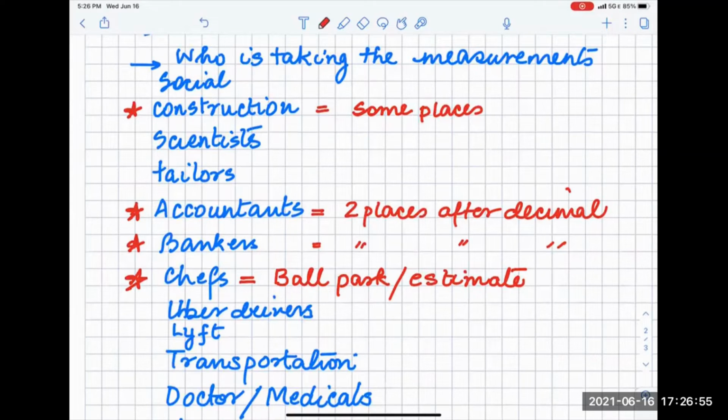For example, if they measure buildings, they have to stick to that measurement. They cannot round up, they cannot round down, because if they are not exact in their measurements, then the structure will fall.